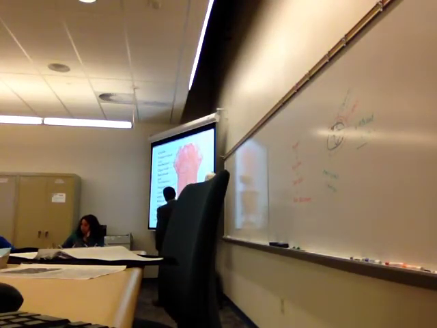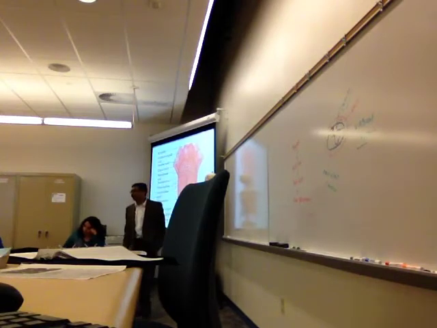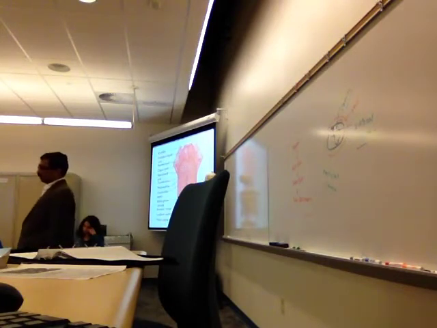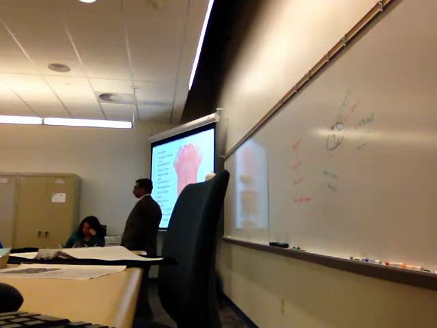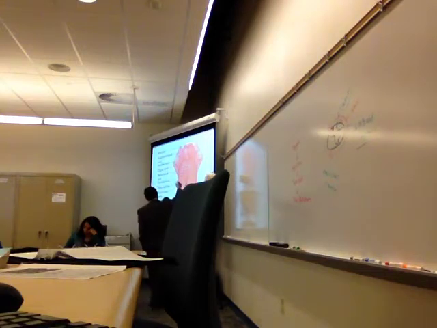So fungiform papilla are like very tiny dots and present throughout the tongue. Okay, so these are the fungiform. And circumvallate papilla are larger than fungiform and few in number, usually 10 to 16, and larger in size.